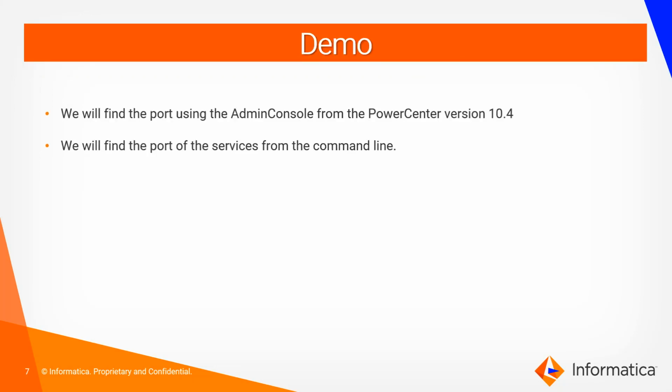So now we will proceed to the demo session of the same. We will first find the ports using the admin console from Informatica PowerCenter version 10.4, and then we will see how to find the ports of the services using the command line. So let's proceed to the Informatica admin console.